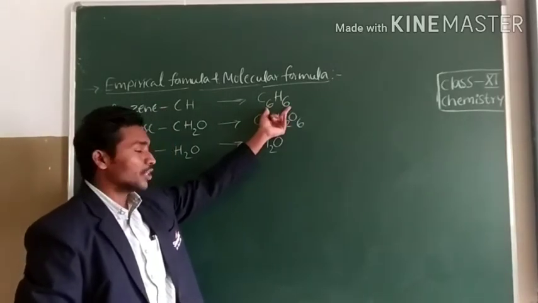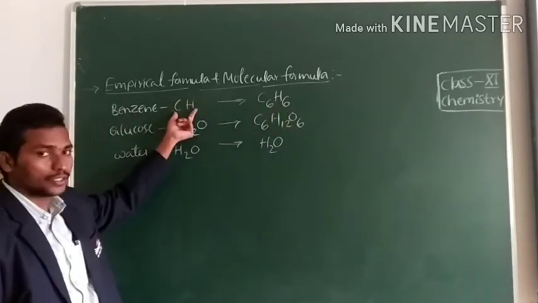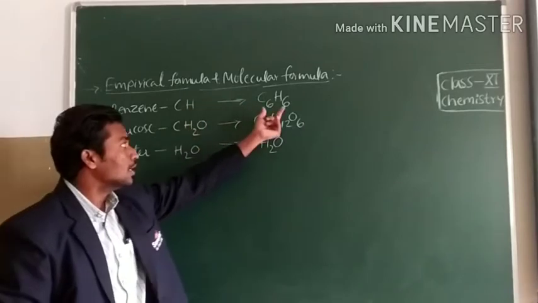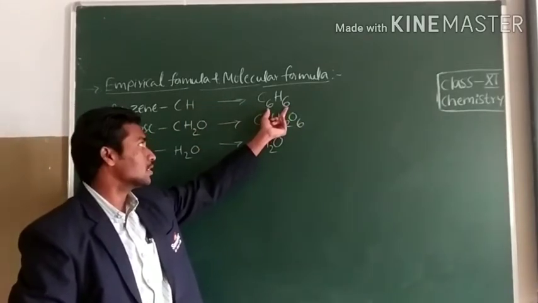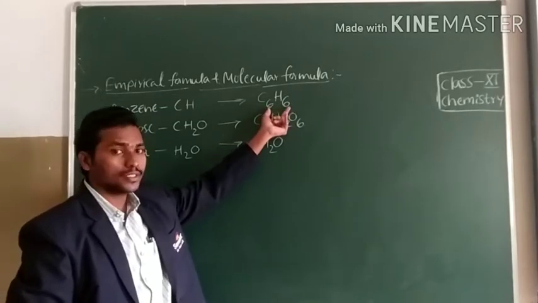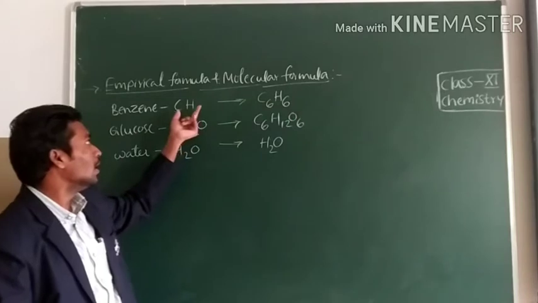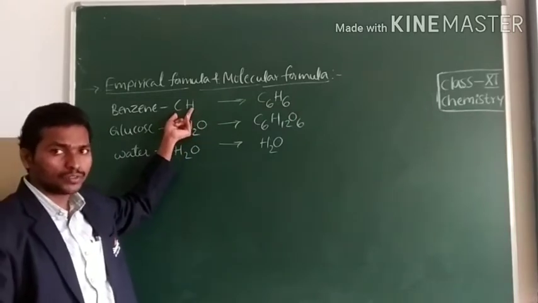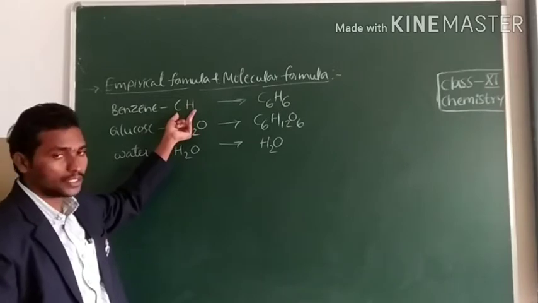Here molecular formula of benzene is C6H6 and its empirical formula is CH, because here n means a positive integer. The integer is 6. When we divide by the HCF, highest common factor, we get the simplest whole number ratio of the different atoms in the given molecule, that is CH here.